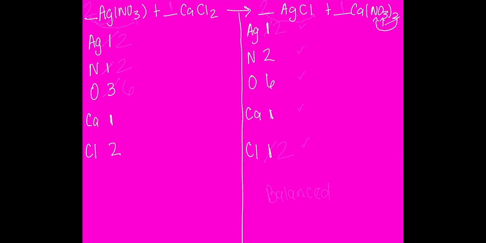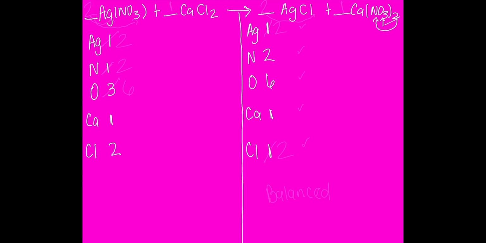So nitrogen, okay, I have 1 nitrogen on my reactant side, and then I have 2 nitrogens on my product side. So as a result, I now know that I want to find a coefficient that I can put in front of this AgNO3 to give me that 2 for my nitrogens.